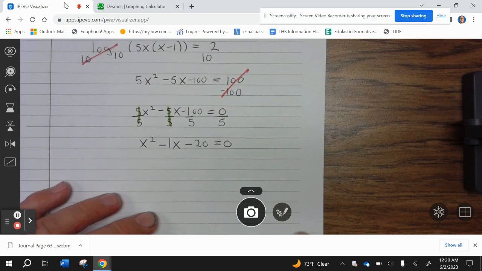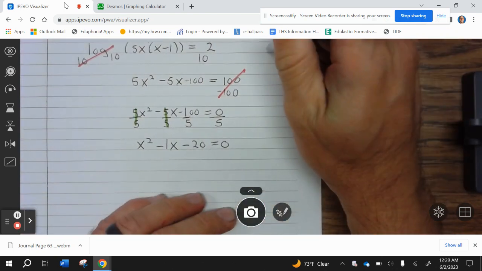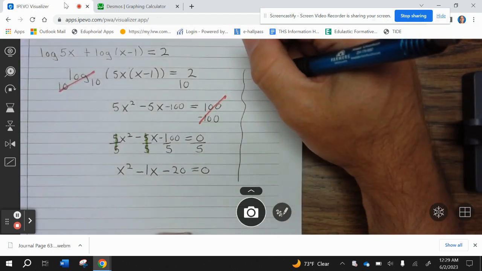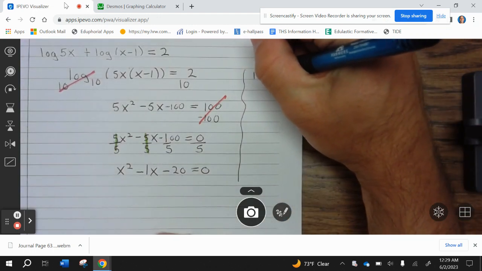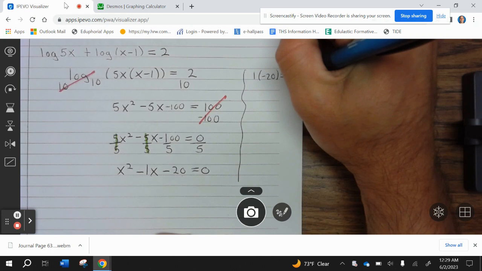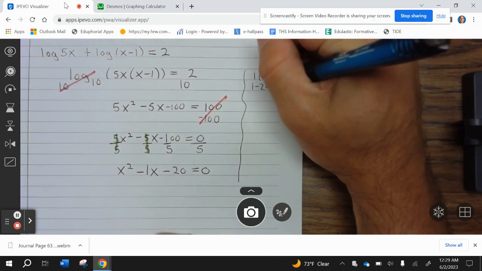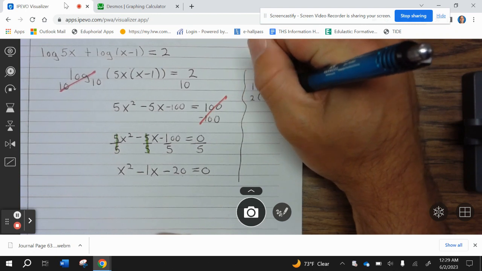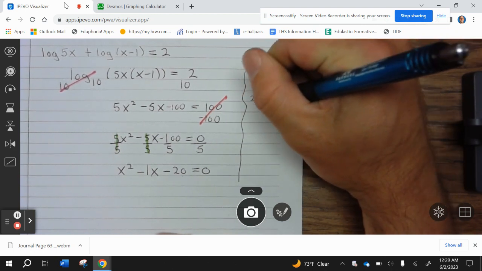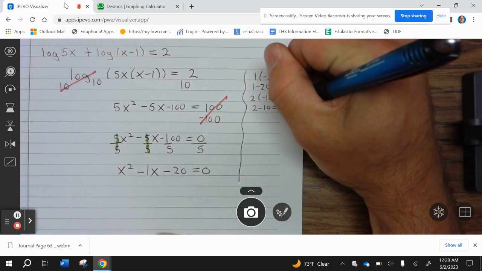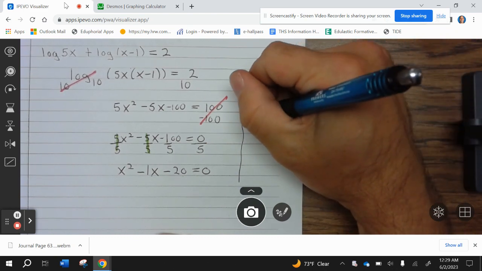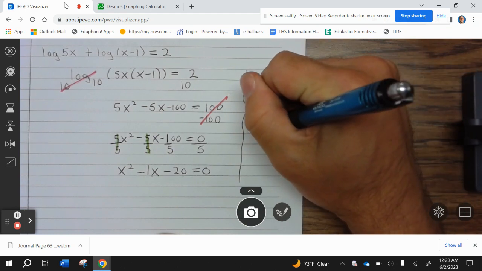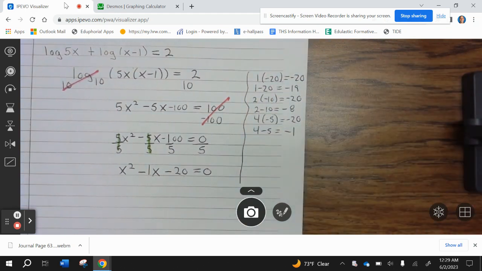Now we need to figure out what numbers multiply to give you negative 20 and combine to be negative 1. So we do 1 times negative 20 equals negative 20. 1 minus 20 is negative 19. 2 times negative 10 is negative 20. 2 minus 10 is negative 8. 3 doesn't work. 4 times negative 5 equals negative 20. 4 minus 5 equals negative 1.